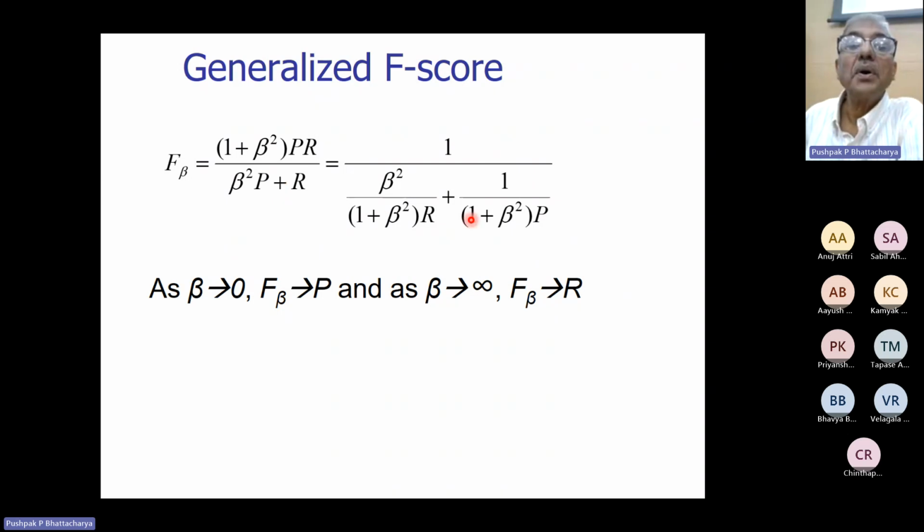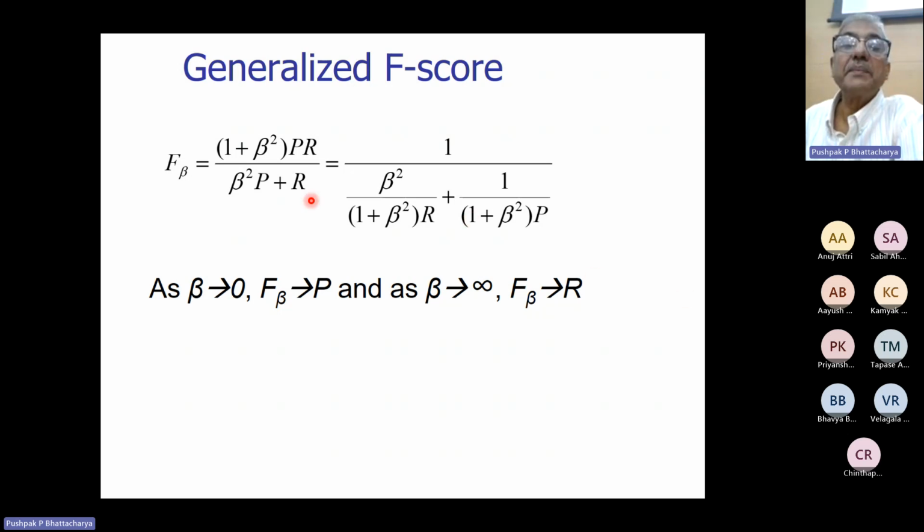It is like importance being given to the youngest child of the family. The eldest child typically gets importance, but suppose I want to give importance to the youngest child of the family, then harmonic mean has that behavior.